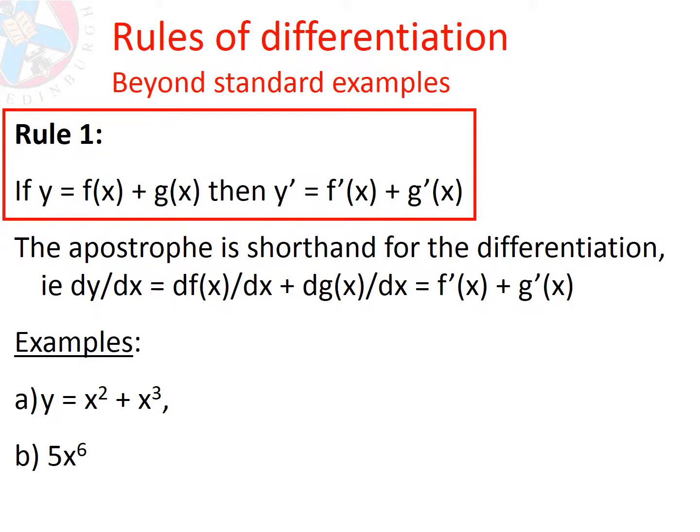If it was just a constant on its own, say x to the power of 6 plus 5, we'd treat that as a separate function, and we know that if you've just got a constant, the differential or gradient of that function, just 5, is 0. So when you differentiate, constants disappear.